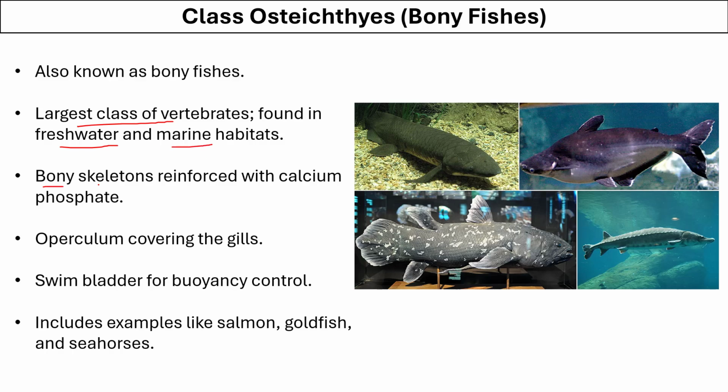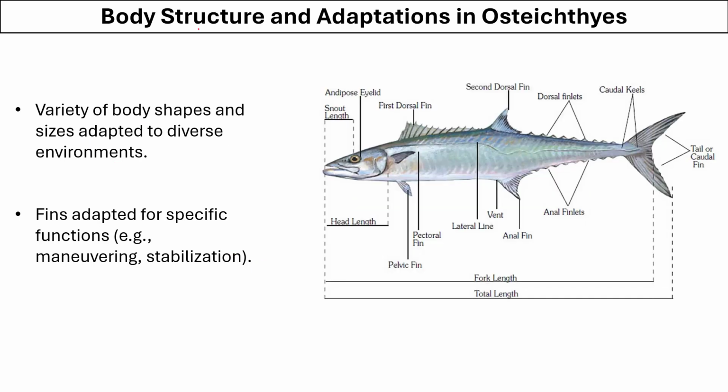They have a bony skeleton which is made up of calcium phosphate. They have an operculum, which is an opening over the gills, which covers the gills and protects them from the harsh current of water. They have a swim bladder in their body that provides them buoyancy. And some common examples of bony fishes are salmon, goldfish, and seahorses.